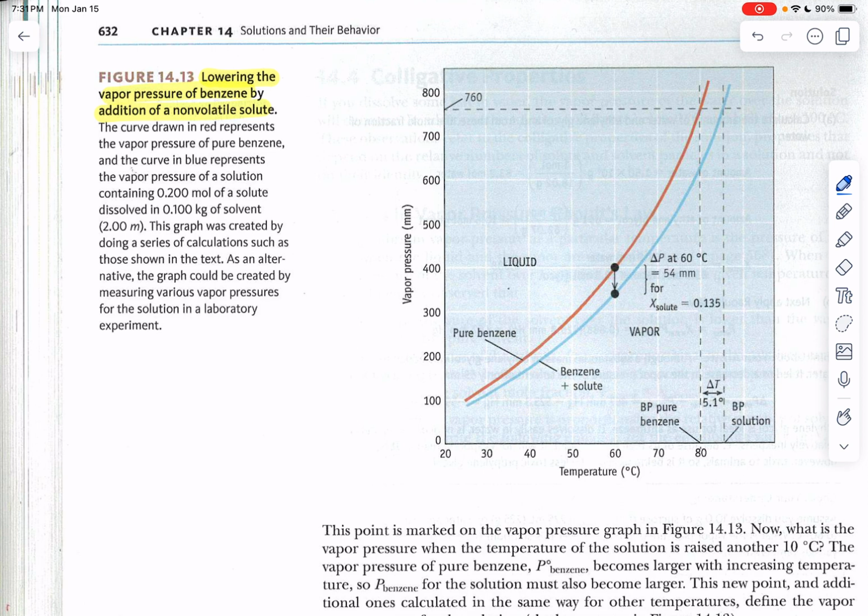Now, when we look at these vapor pressures here, you can see how much they're going to be depressed. If we pick a temperature, let's say 60 degrees, ordinarily we would have this vapor pressure of pure benzene in a closed container. Because we've added a solute, we've depressed it, and now the pressure is down to this much at 60 degrees because of the addition of the solute.